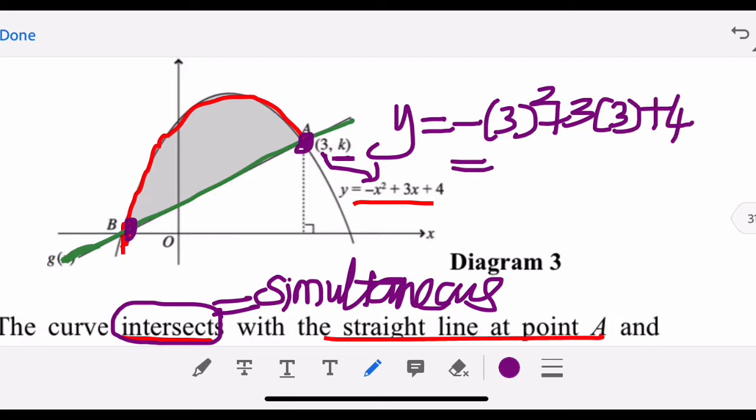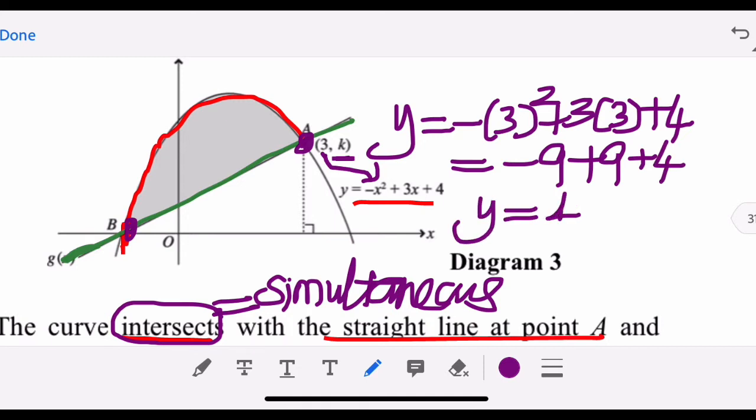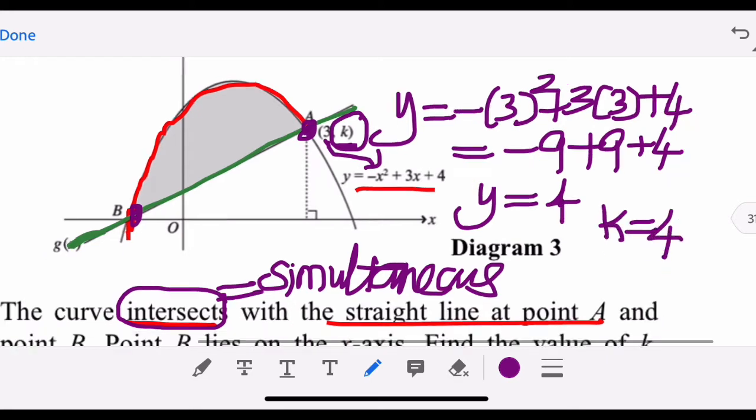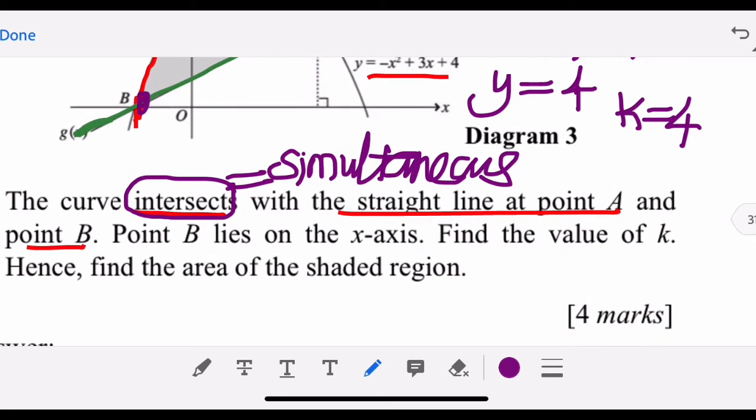The answer will be negative 9 plus 9 plus 4, so the y is 4. But the y here is represented by k, so k is 4. I'm sure the question will ask you to find point B and the value of k. So k we found already: k is equal to 4.